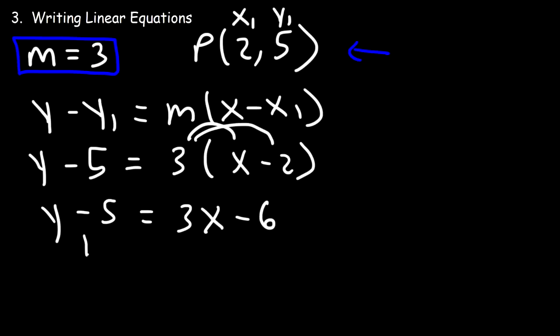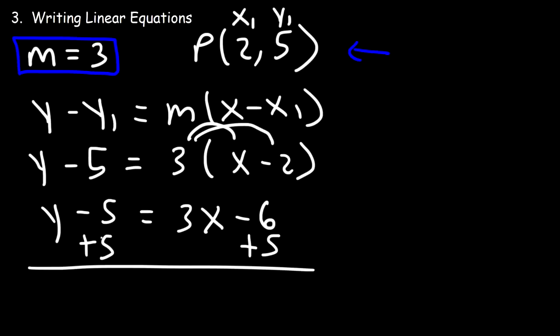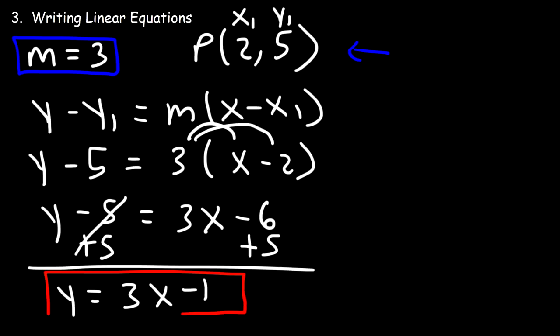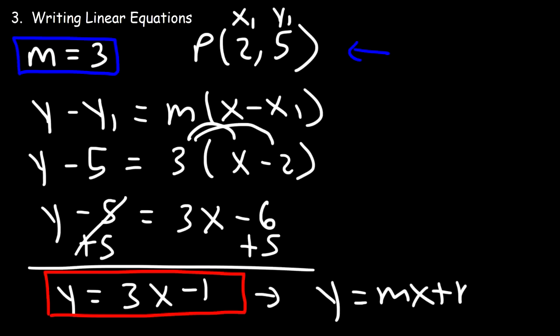The last thing we need to do is add 5 to both sides. And so negative 6 plus 5 is negative 1. Thus, this is the answer in slope-intercept form, y equals mx plus b.